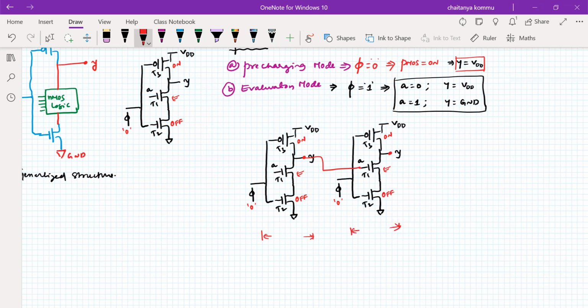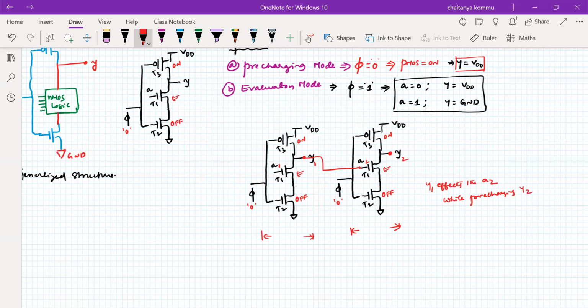Because of that, the scenario changes. Whatever pre-charging value is there cannot be sustained here because this is actively on. For example, this is A1 and this is A2: the change of Y1 affects A2 while pre-charging Y2.